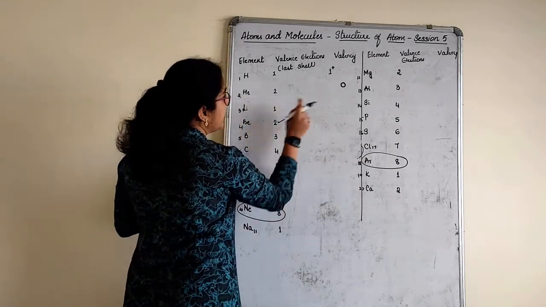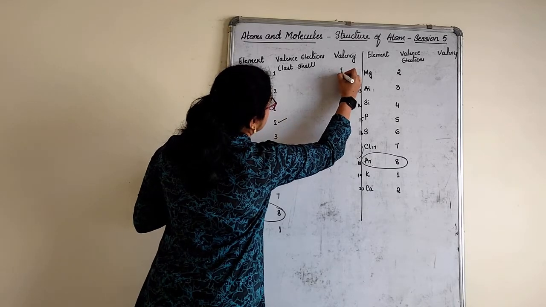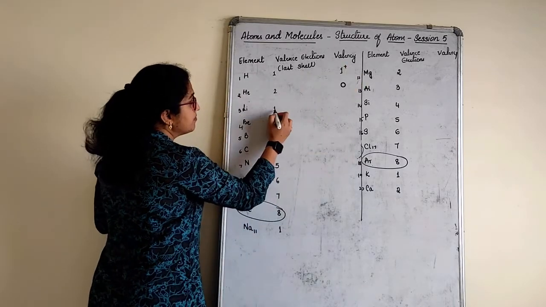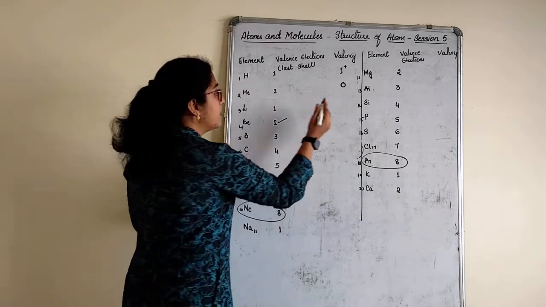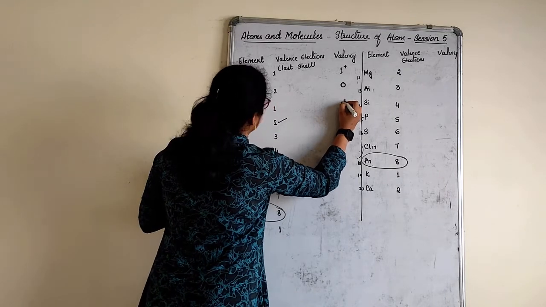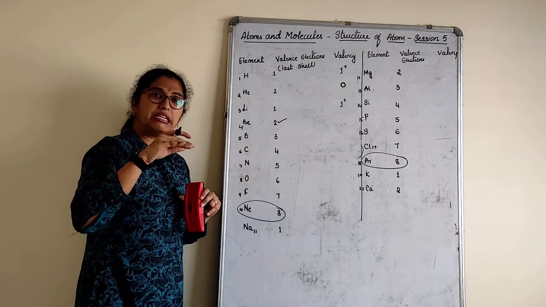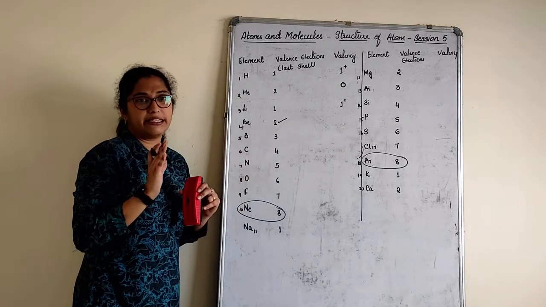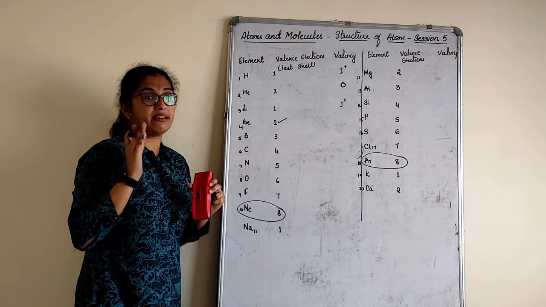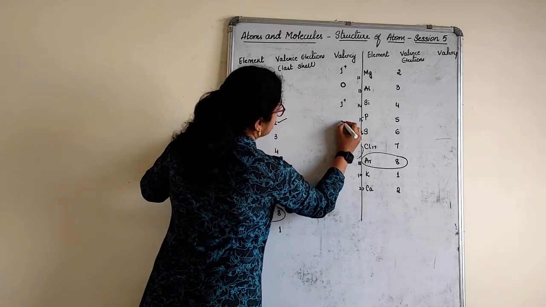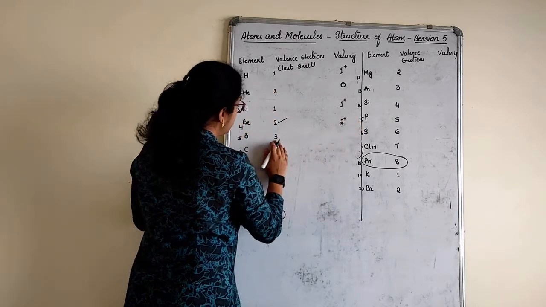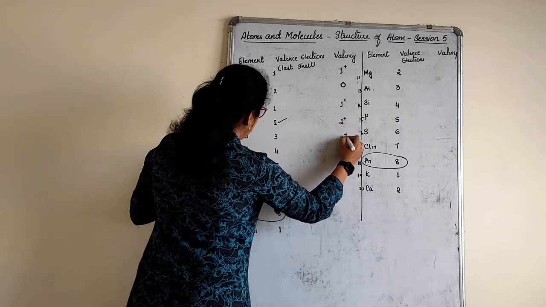Now this is 0 anyhow. Lithium, it can of course give 1. Beryllium, see last shell when it is below 3, and below 3, these all can give only. Remember this, they can't take. So beryllium 2 plus, 3 plus.